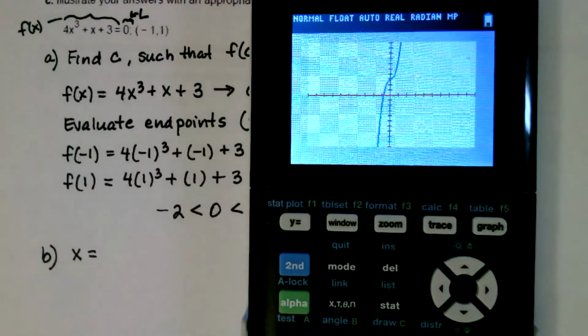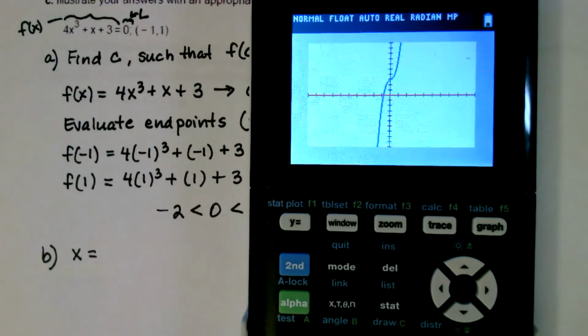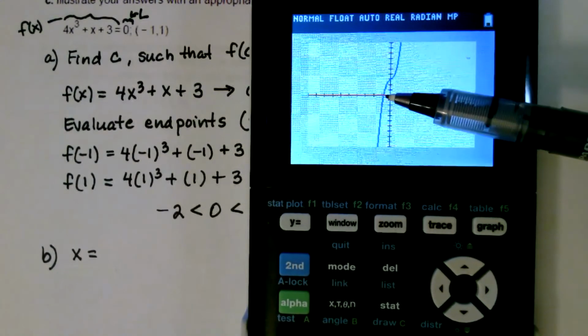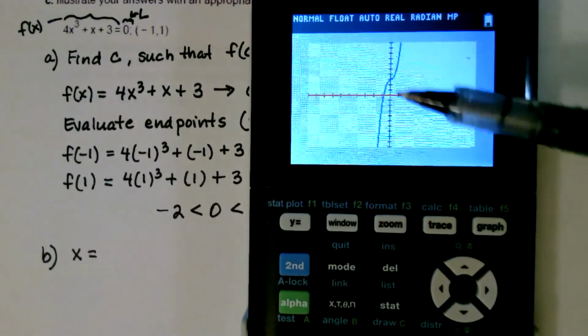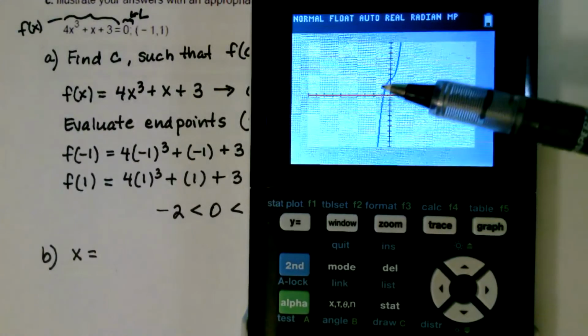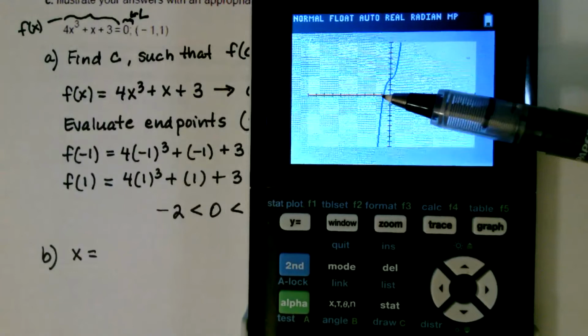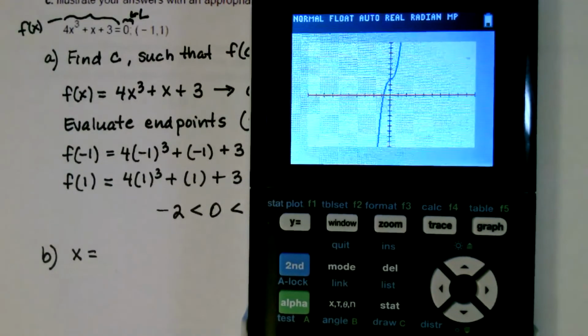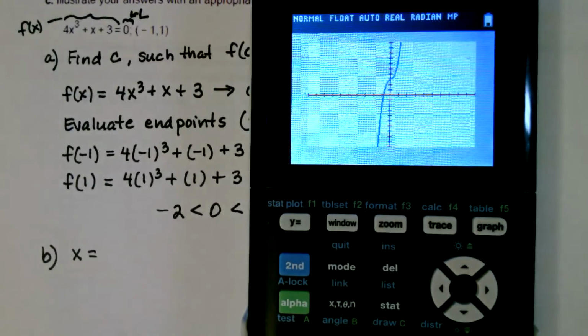And there you see the graph of y equals 0. Now what you want to do here is find this point of intersection, which is right here. Here's y equals 0, and here's the graph of 4x cubed plus x plus 3. You want to find out what that point of intersection is, and that would give you your x value.